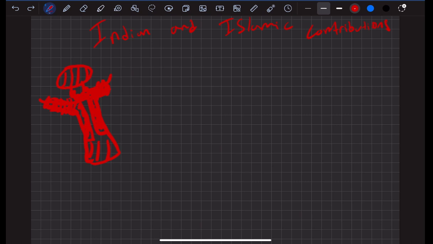Another big contribution was by Madhava of Sangamagrama, 14th century. He derived a bunch of infinite series for pi, sine, and cosine. So a lot of contributions to our ideas of trigonometry, developing these ideas that are pretty fundamental to how we talk about and think about calculus.